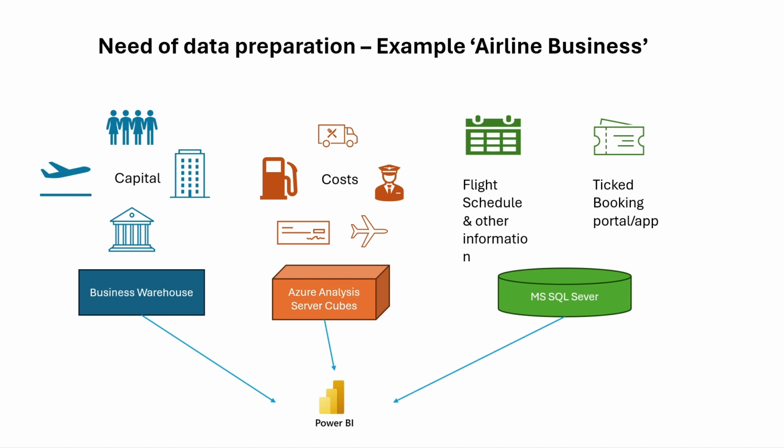Let's take an example of an airline business, a very high level example. I will not dig into more details, but just for simplicity, we have a capital. Now, capital can be aircraft, it can be a building, it can be the resources, or it can be the bank accounts as well. So this is the capital through which the business starts.